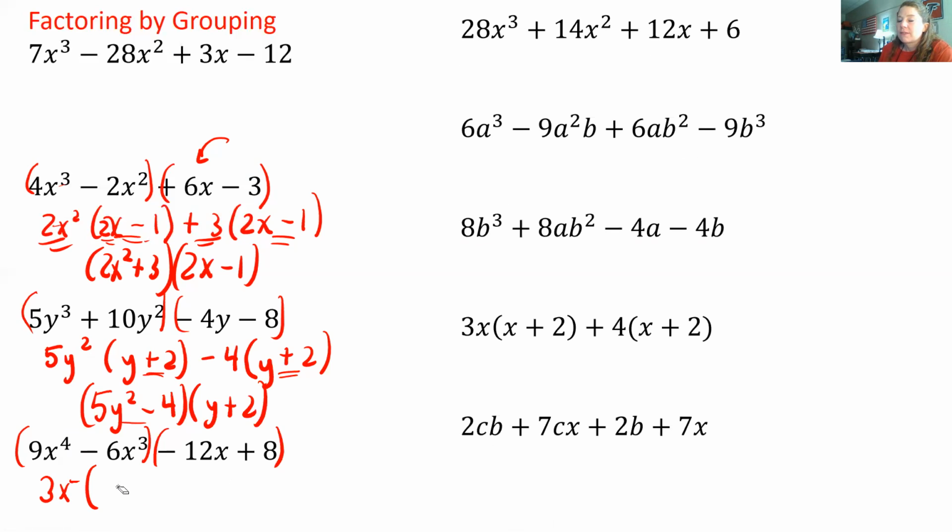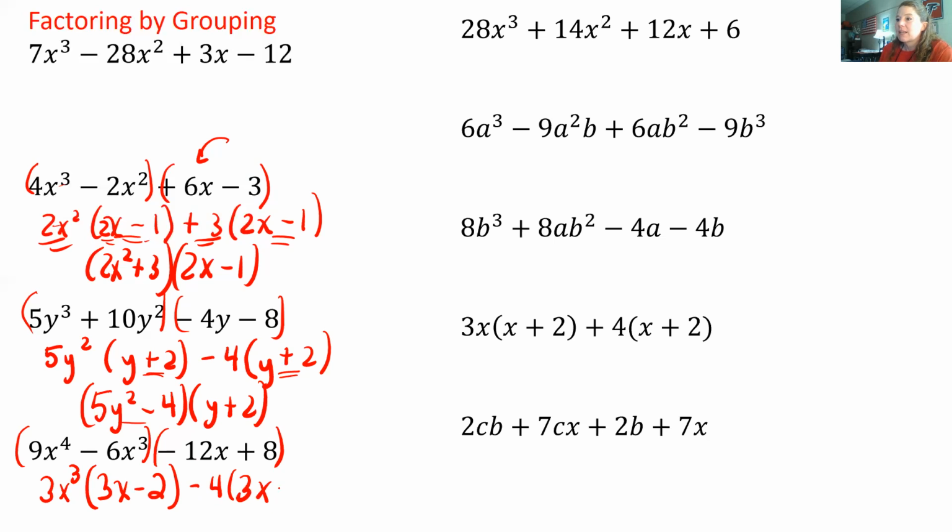Hold on. Back up, back up. All right, 3x to the third. So that would be 3x minus 2. And then I want to pull out a negative 4 right here. So I have negative 12 divided by negative 4 is positive 3x.